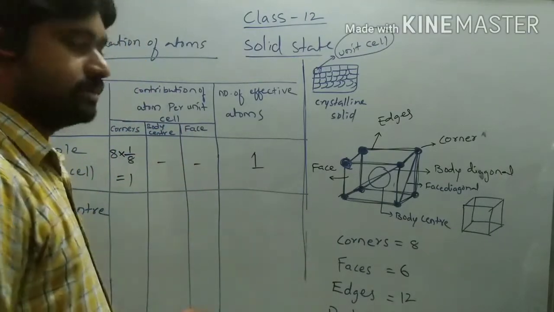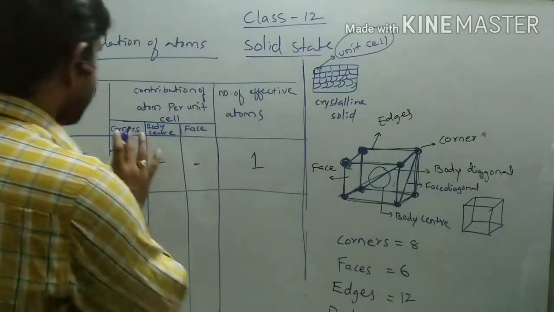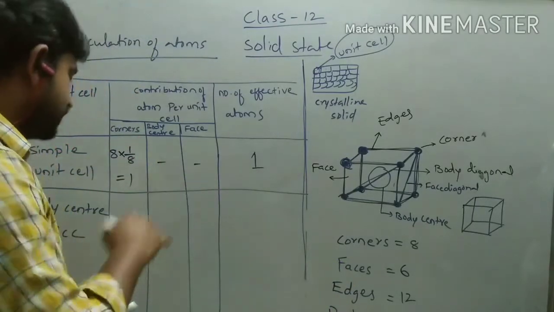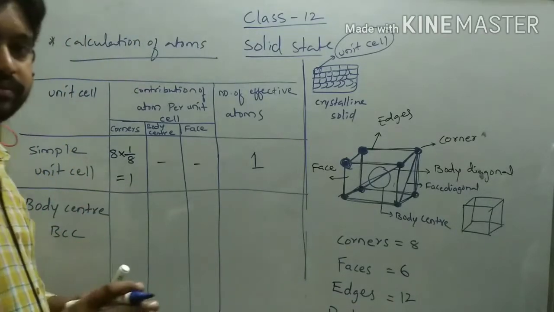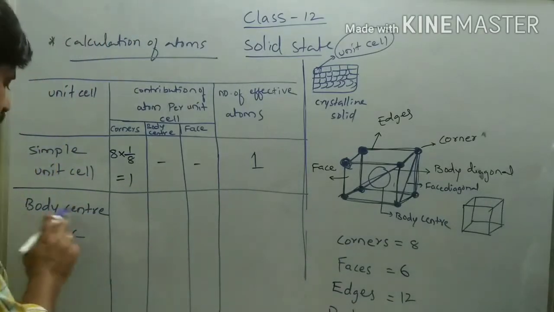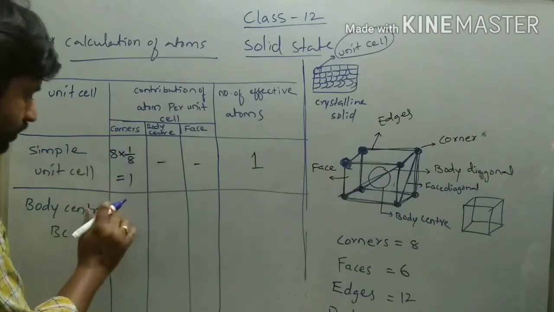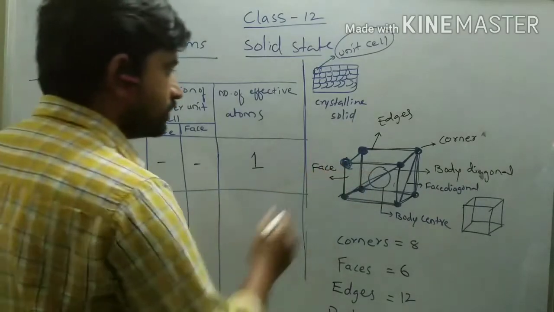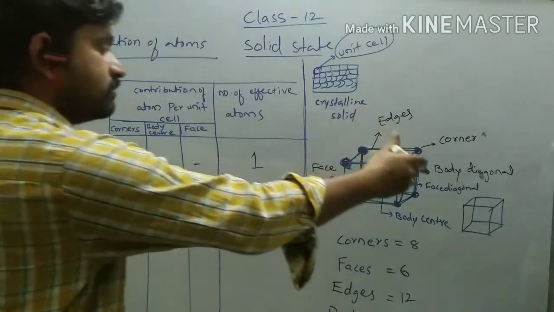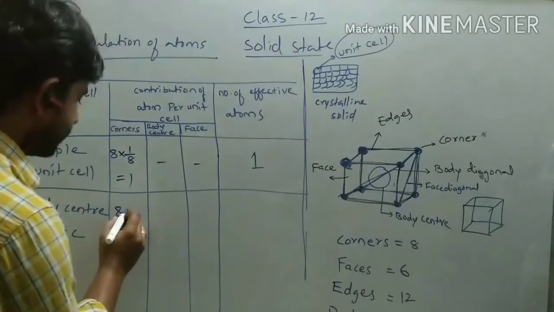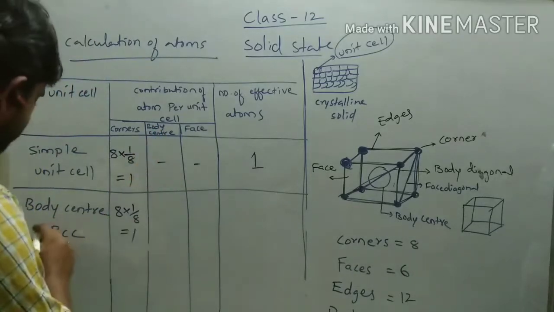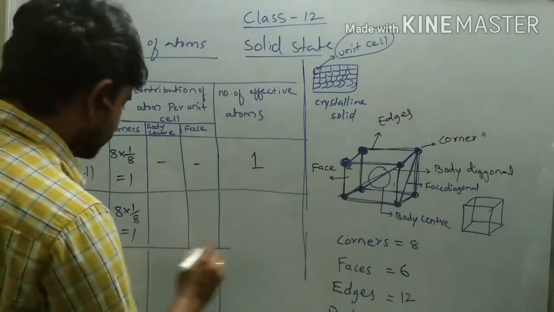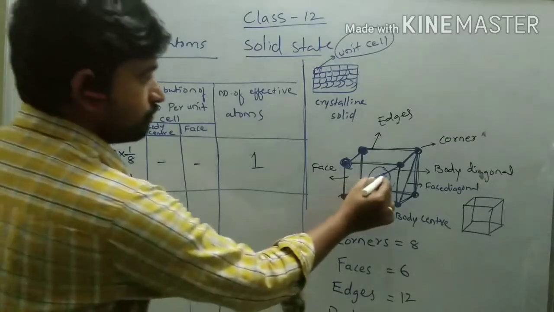No face center atoms. Corners are common in body center, face center, whatever. In BCC, 8 corners are there. Then these 8 corner atoms contribution will be 1 by 8, so 8 into 1 by 8 is equal to 1. The next, body centers, how many are there here? 1 body center, 1 body center.